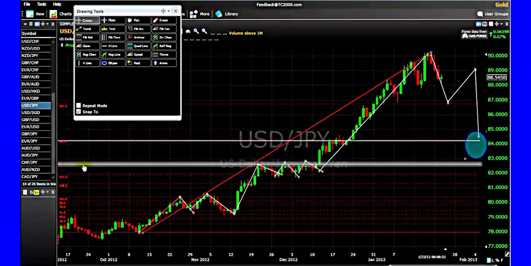So I will call this zone around 176%, roughly 176% projection of the first internal wave, because these are internal waves. So the third internal wave is the 176% projection of the first internal wave.